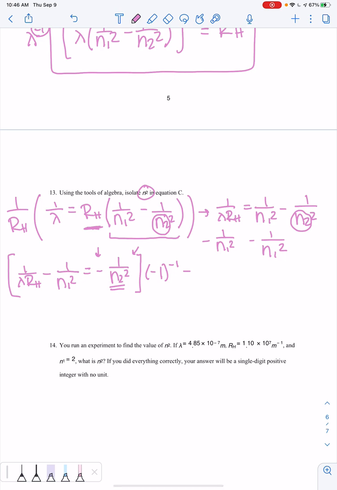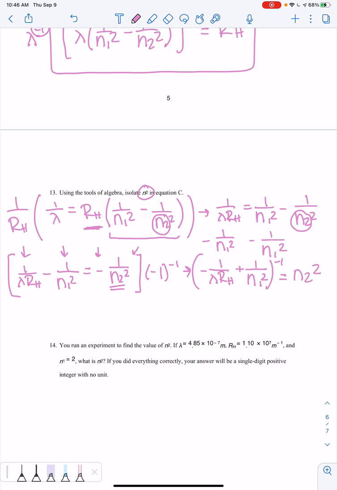And so that gives us minus 1 over lambda RH plus, because we're going to distribute the negative sign to both of the pieces on the left side. And all of this is to the -1 exponent, and then we have N2 squared here.